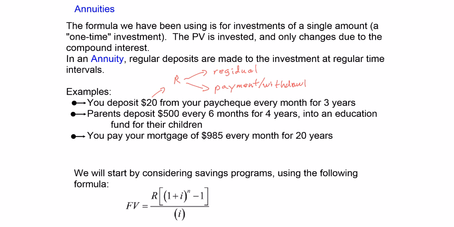So now our next one is we pay a mortgage of $985 every month for 20 years. So our R value is $985, and notice our R value is a capital R because it's very important. Little r or little i represents some form of rate, right? Or interest rate, okay?